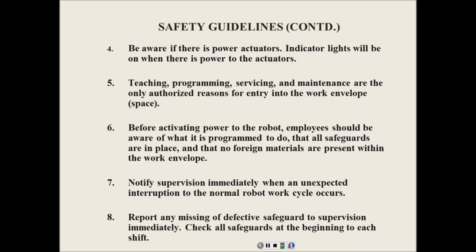We have boxes that we'll put in there. We need to keep those things out if we're not using them. Don't put them in the back of the work cell. Notify supervision immediately when an unexpected interruption to the normal robot cycle occurs. Of course, I'm supervision. Report any missing or defective safeguards to supervision immediately. Check all safeguards at the beginning of the shift.